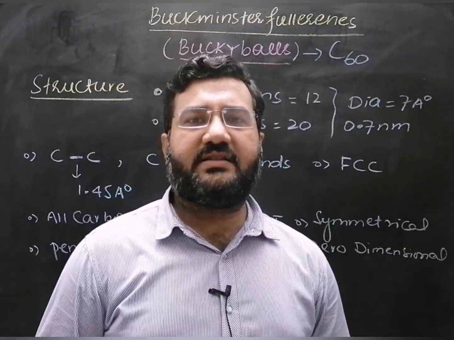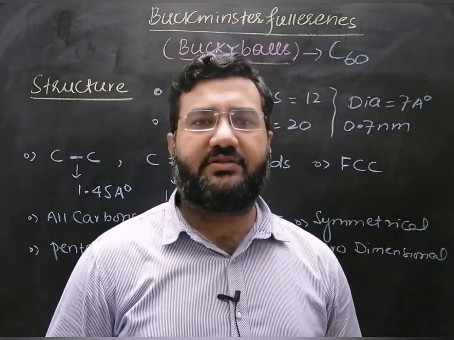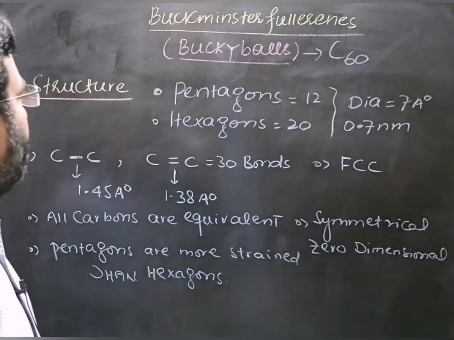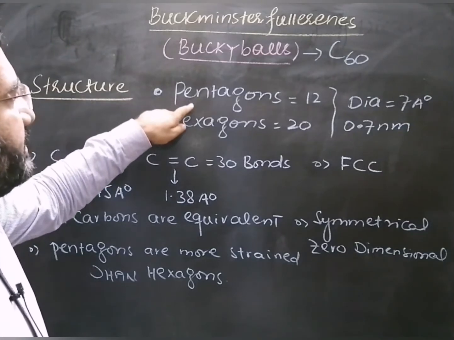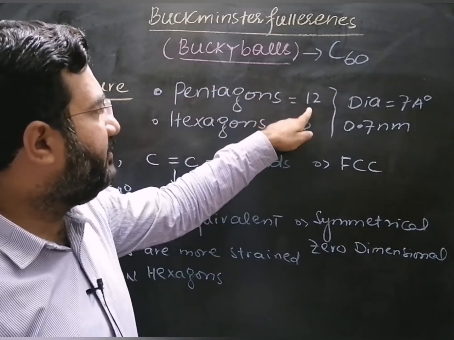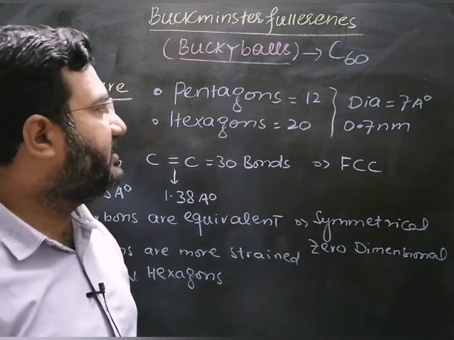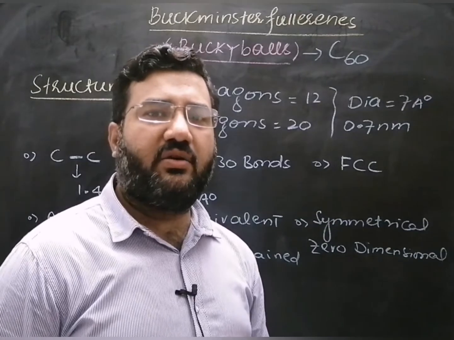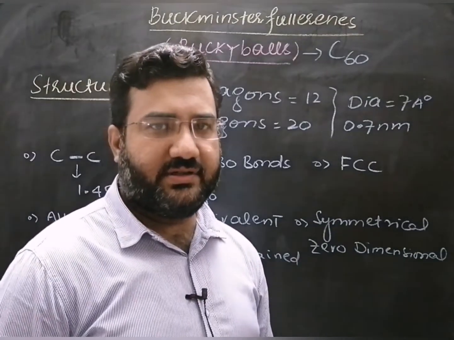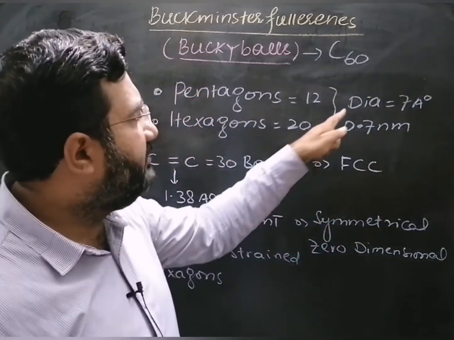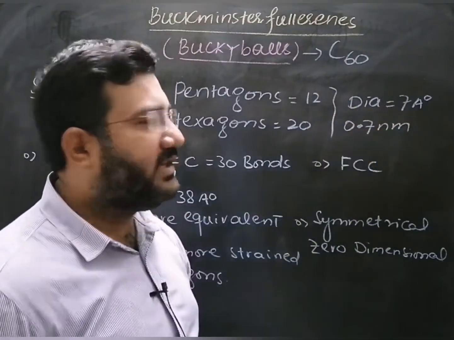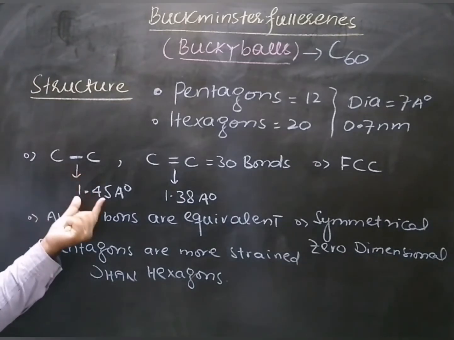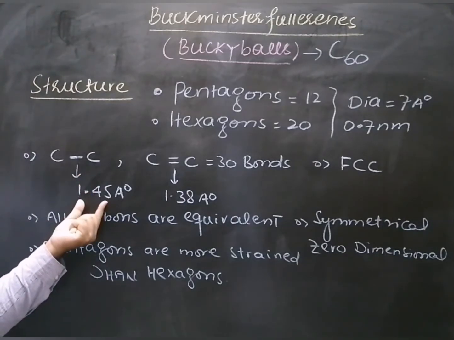Now, after history, let us discuss some important points about the structure of the most common buckyball C60. It consists of pentagons, which are 12 in number, and hexagonal rings, which are 20 in number. Keep in mind that no two pentagons touch each other in their structure. The diameter of the buckyball is 7 angstrom or 0.7 nanometer. The carbon-carbon single bonds have bond length 1.45 angstrom.